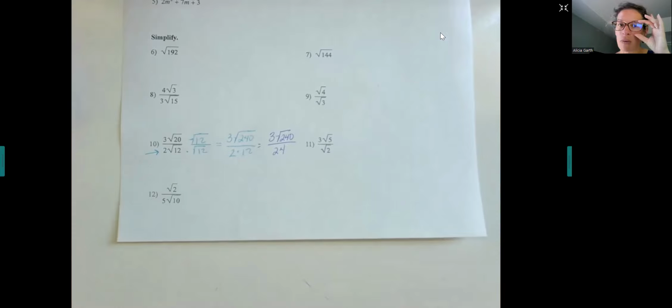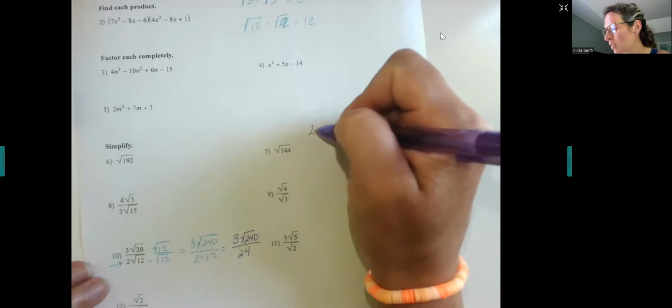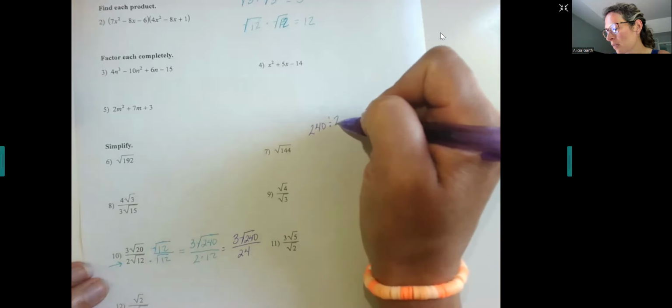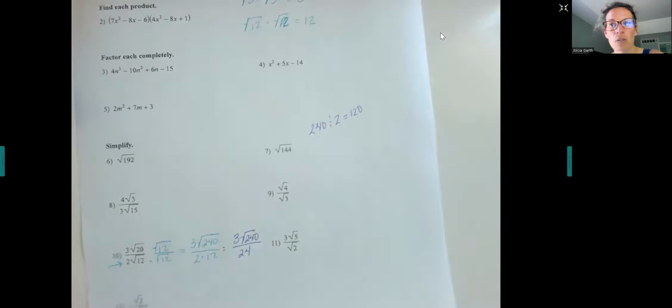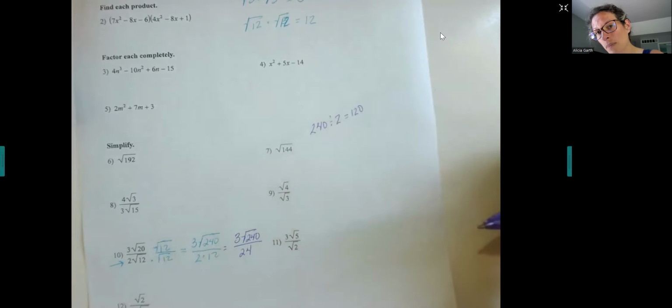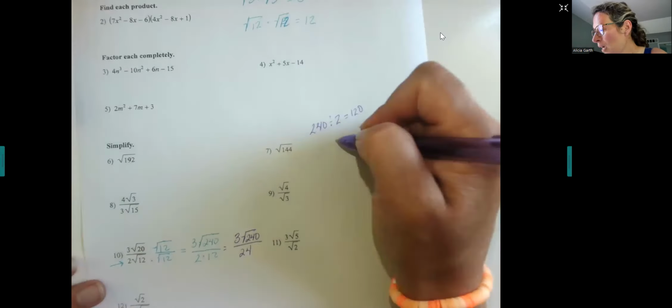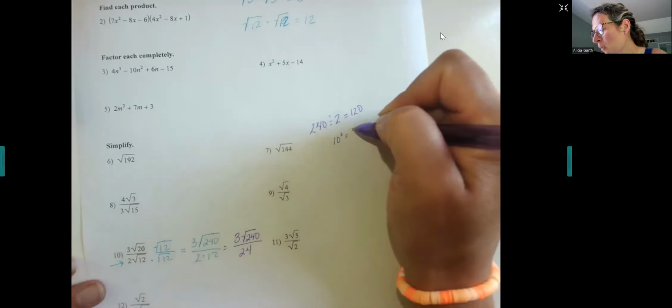If you remember from last week when you simplified your radical, the easiest way to do it was to take the number inside my radical and divide it by 2. That's 120. So I'm going to look for the perfect squares that are less than 120. I know that 11 times 11 is 121.